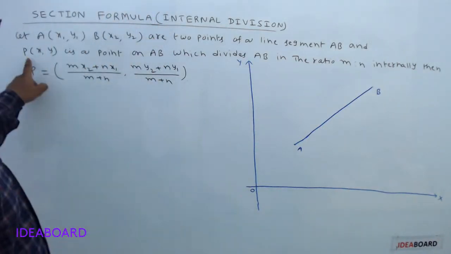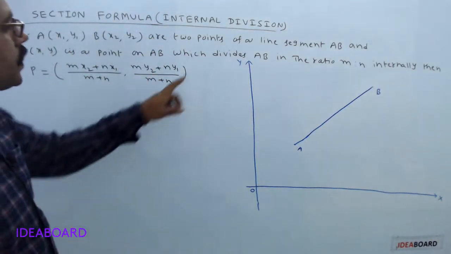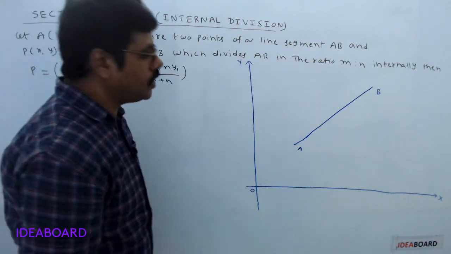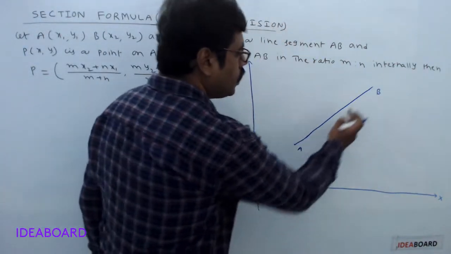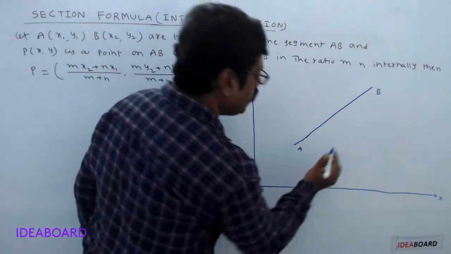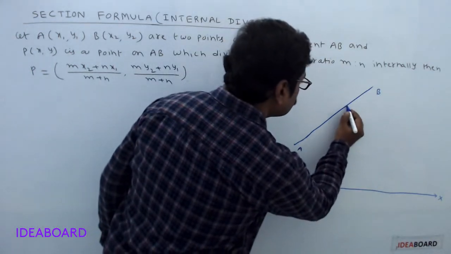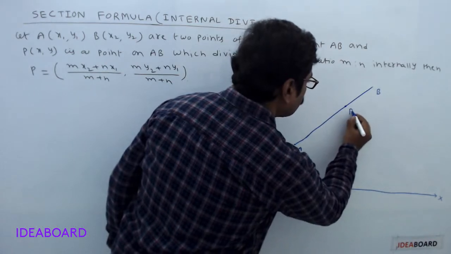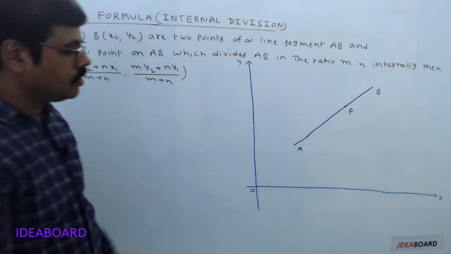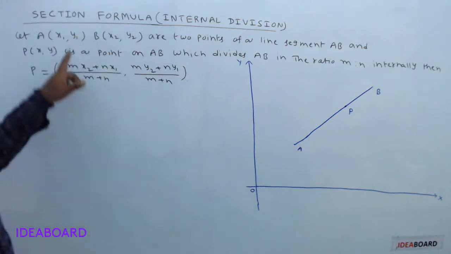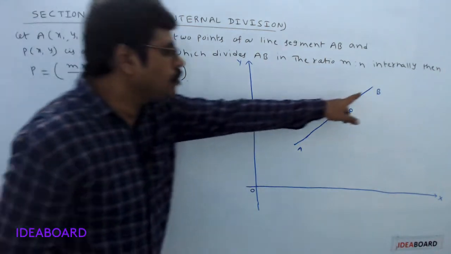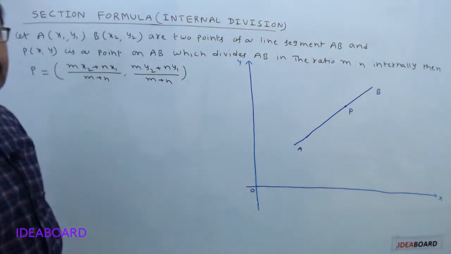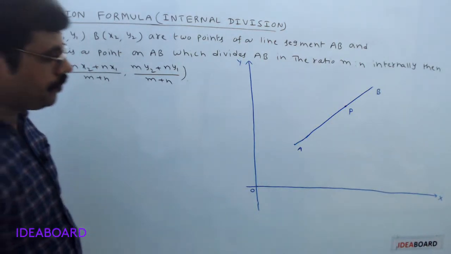Now, P is a point on AB which divides AB in the ratio m is to n internally. Take a point P on the line segment AB. A has coordinates x1, y1, B has coordinates x2, y2, and P has coordinates x, y.